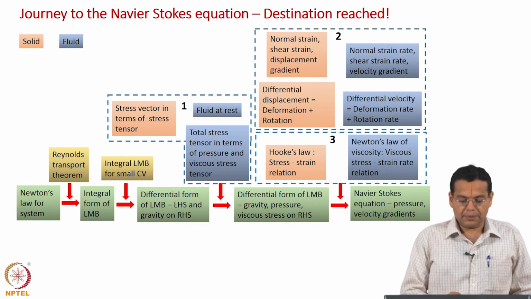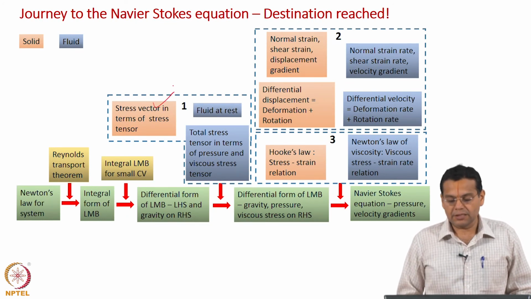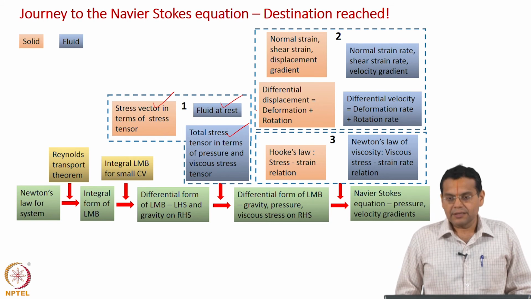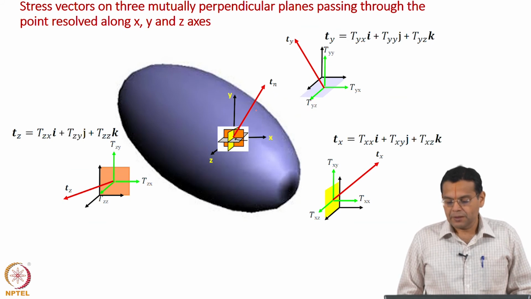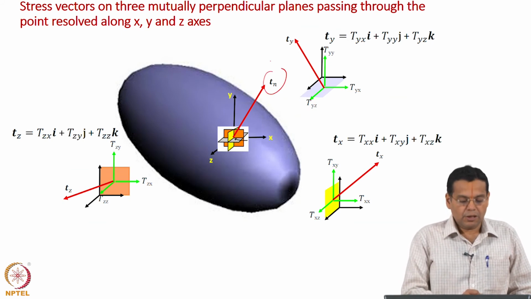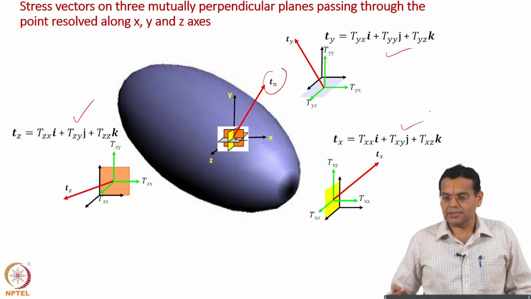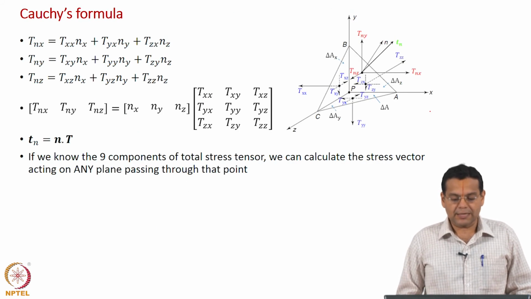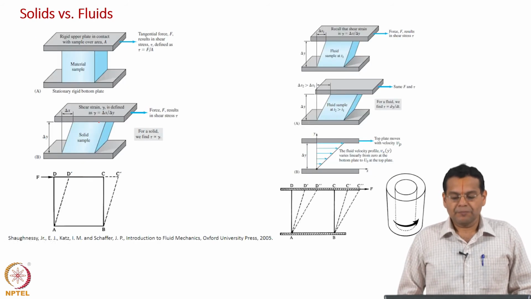So, we completed this block, and we extended this knowledge to fluids. Then we discussed these two blocks, total stress, fluid under rest and pressure, and viscous stress tensor. Some slides from here. So, once again stress vector, but now components of the total stress tensor in terms of capital T. Once again we related the stress vector to the components of the total stress tensor by Cauchy's formula. Then to proceed further, we discussed the difference between solids and fluids.